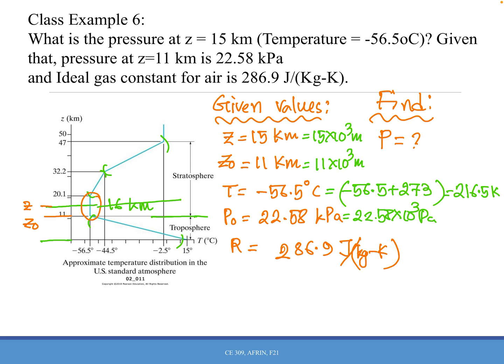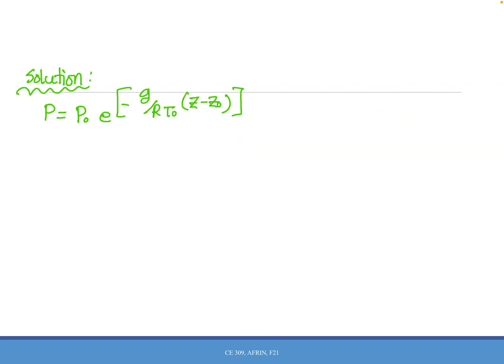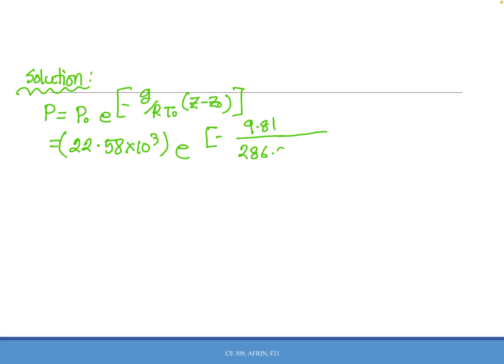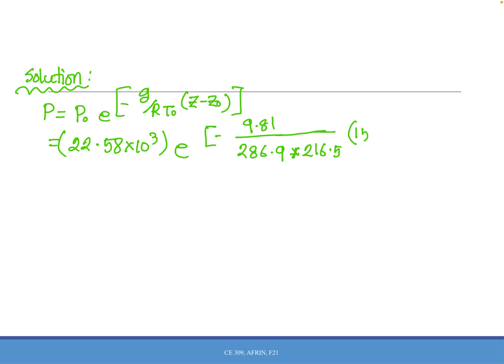So this is 22.58 times 10 to the power 3 times e to the power of, g is 9.81, R is 286.9, T is 216.5, and Z minus Z naught, which is 15 times 10 to the power 3 minus 11 times 10 to the power 3.